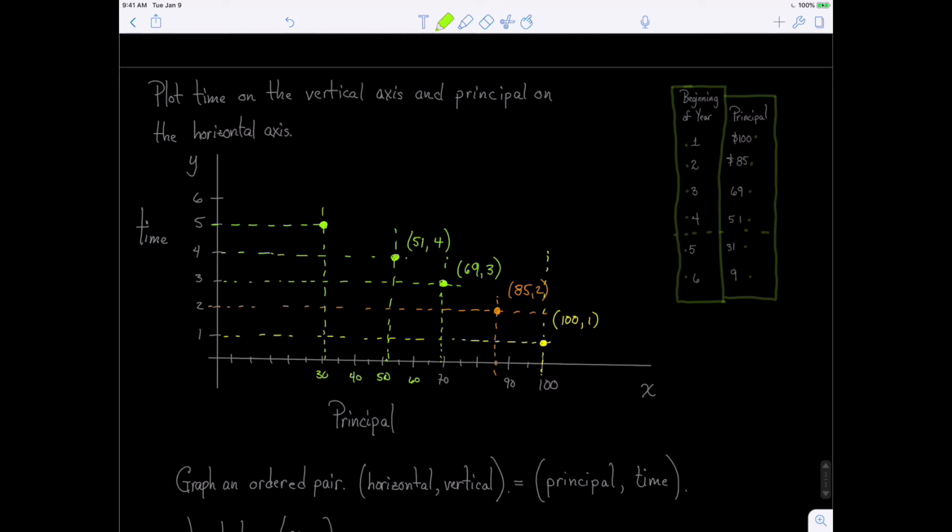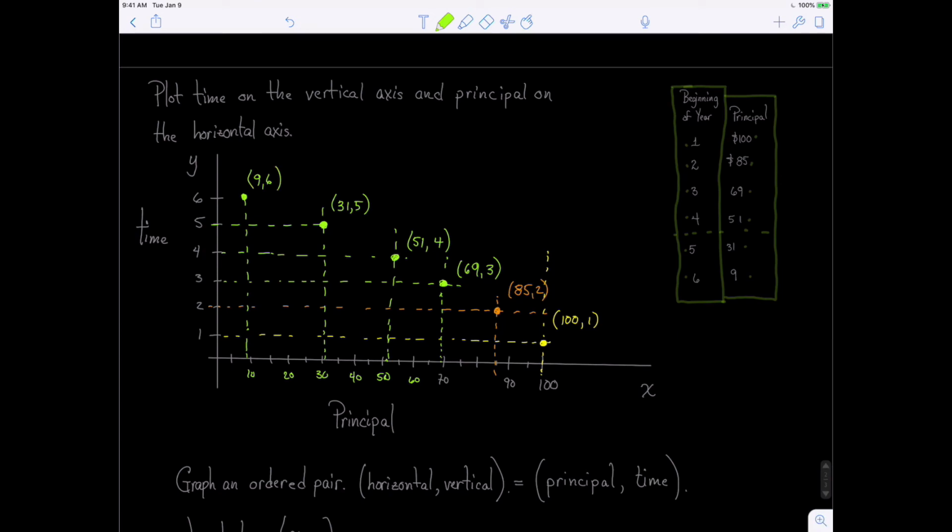It's there, and we'll label that 31, 5. And look at that, our last one is 6 and 9. I'm sorry, the order would be 9 and 6. So 30, then down to 20, there's 10, so 9 and 6. That would be my last dot, 9, 6.